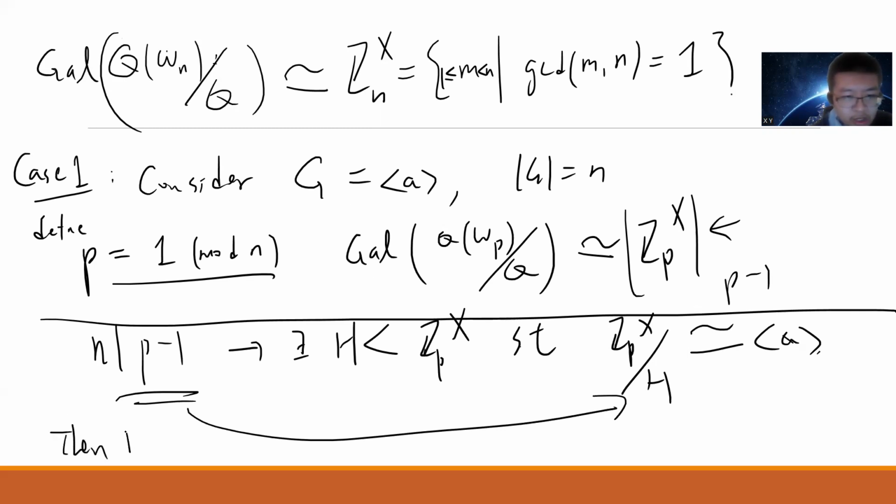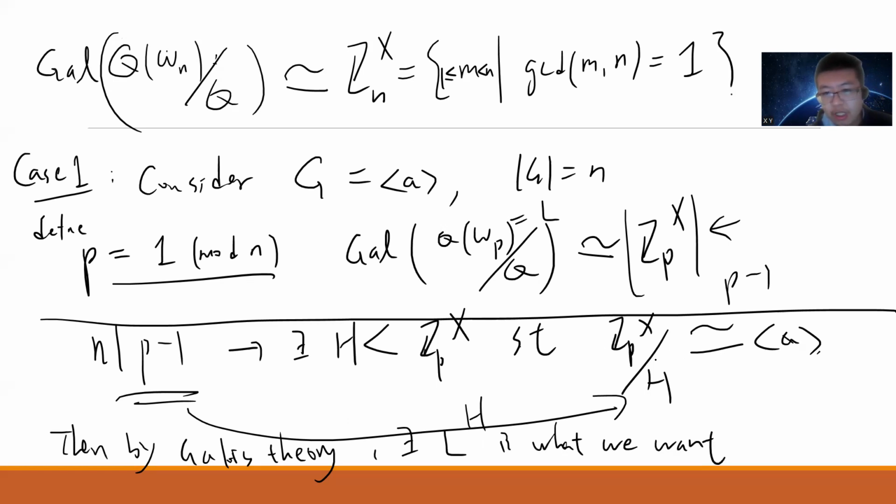By Galois theory, any subgroup of the Galois group corresponds to an intermediate field. Let L be Q(omega_p); then L^H, the subfield of L fixed by H, is what we want, because the Galois group of L^H over Q is the group C_n.